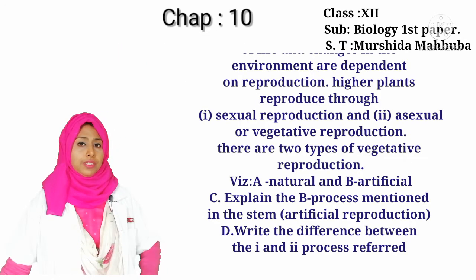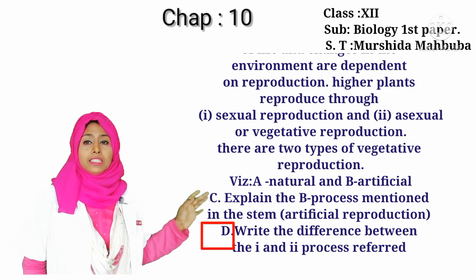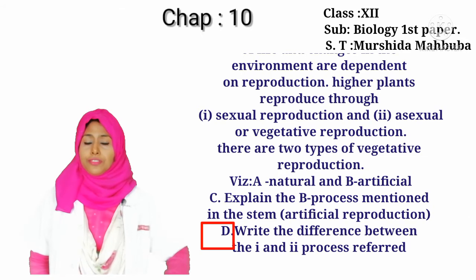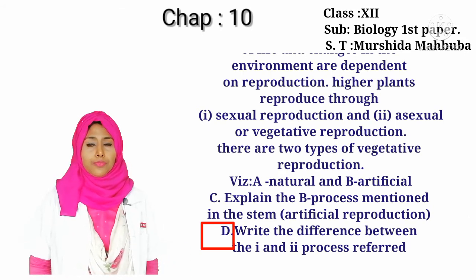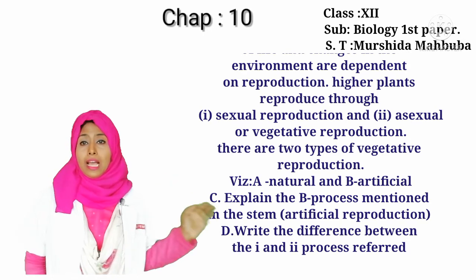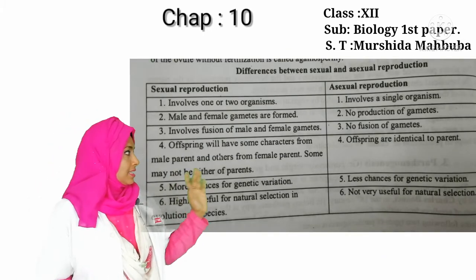Then, my dear students, our next question is: write the difference between process 1 and 2 referred to in the stem. Process 1 and 2 are sexual reproduction and asexual or vegetative reproduction. This is the difference.